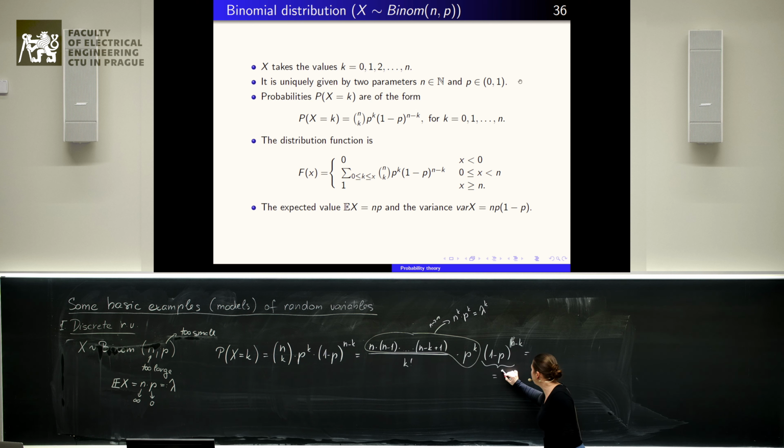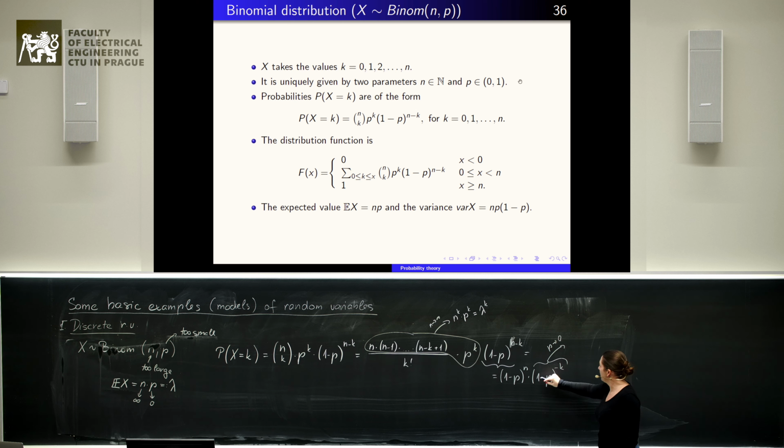This term is equal to 1 minus p powered by n times 1 minus p powered by minus k. And since p goes to 0, this term goes to 1.